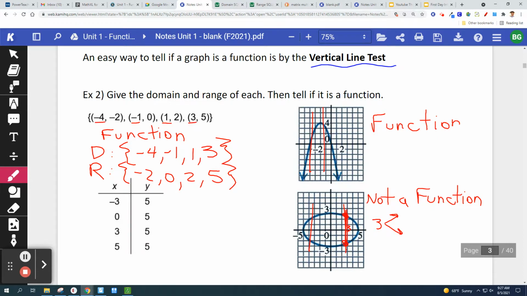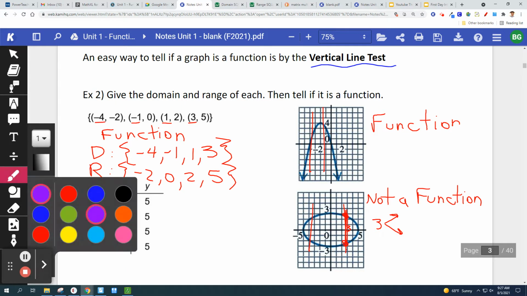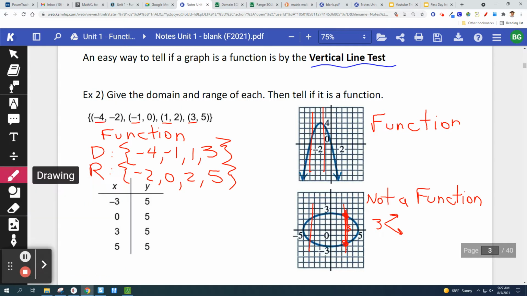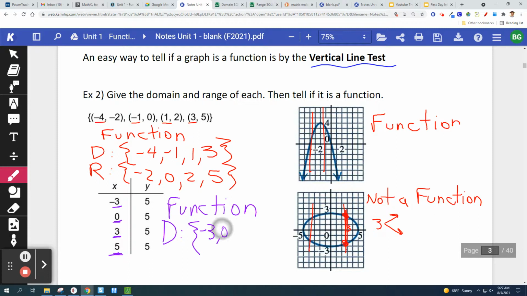So then let's do the one directly underneath. We can see the x numbers are all different. That means this one is a function. And the domain is going to be the x numbers, -3, 0, 3, and 5.